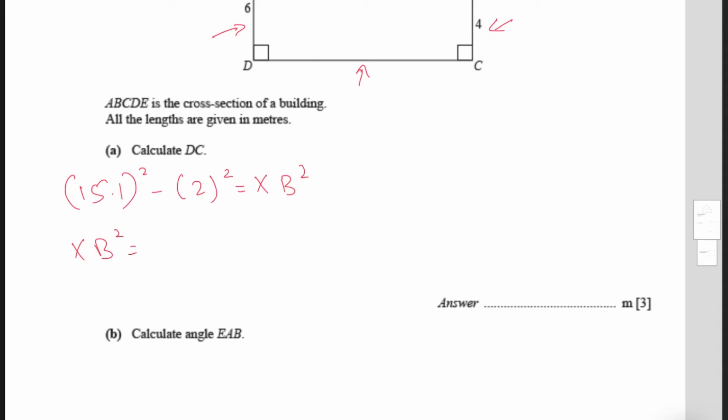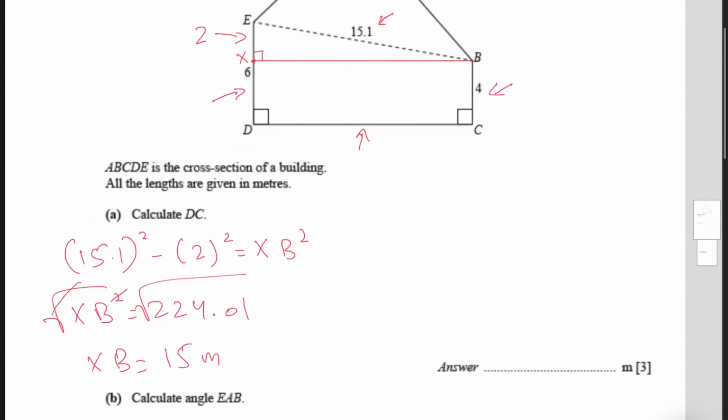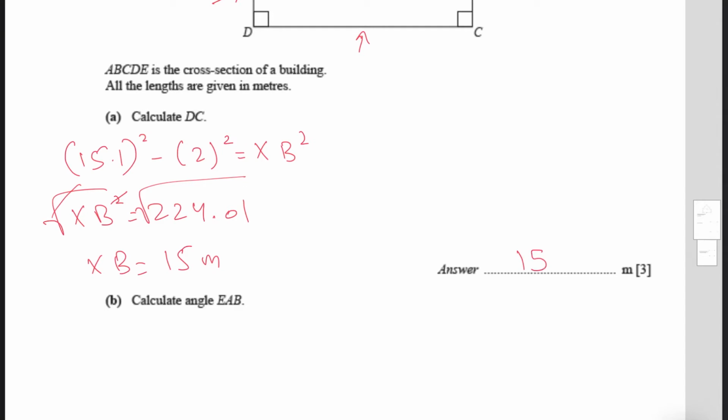I get 224.01. Then I find the square root on both sides to find the length. So when I find the square root, I end up with 15 meters. So if XB is 15 meters, DC is also 15 meters. I write it over here, 15.